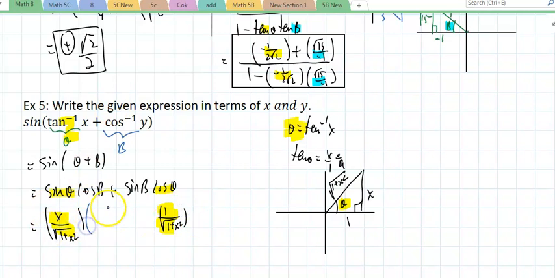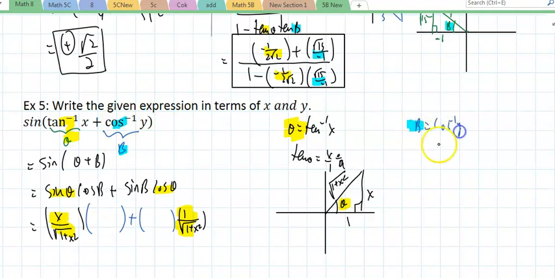And as far as beta is concerned, I let beta equal the inverse cosine of y, which means cosine of beta equals y over 1. Again, this is needed for calculus, second semester to be specific.